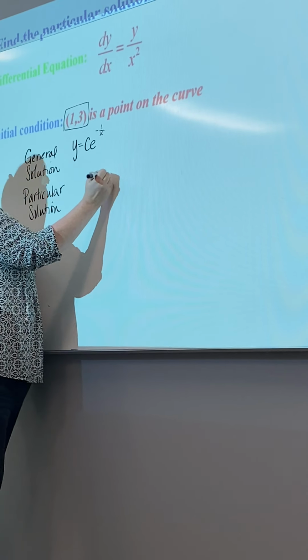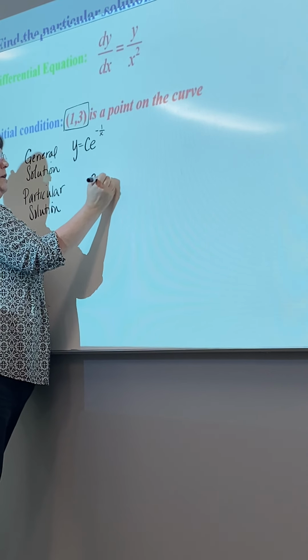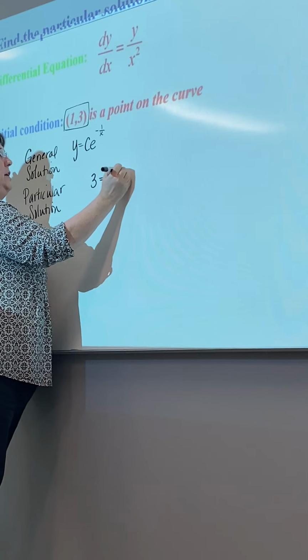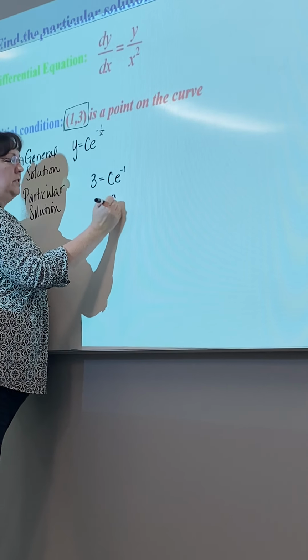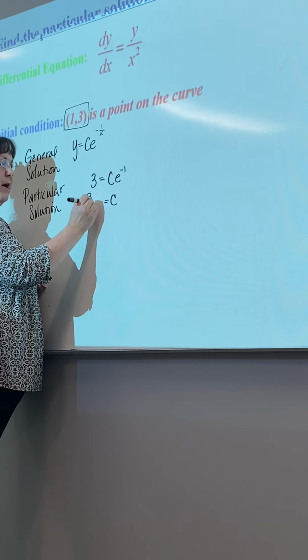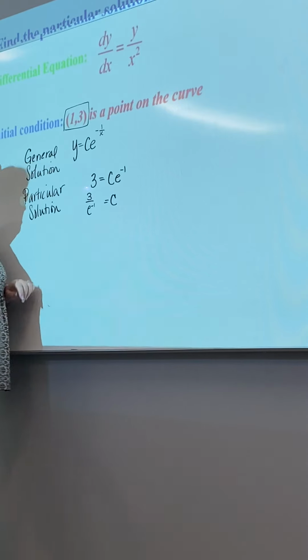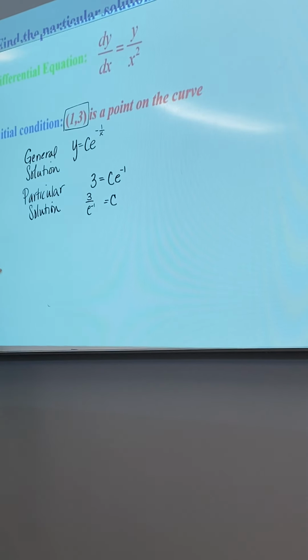So I get 3 equals c e to the negative 1. So c is 3 divided by e to the negative 1, which is the same thing as 3e.